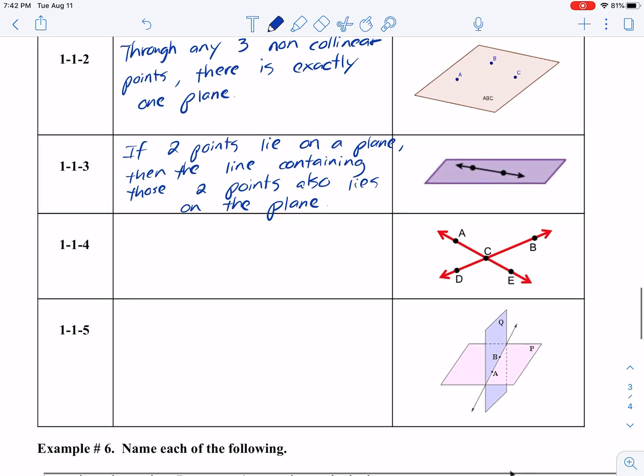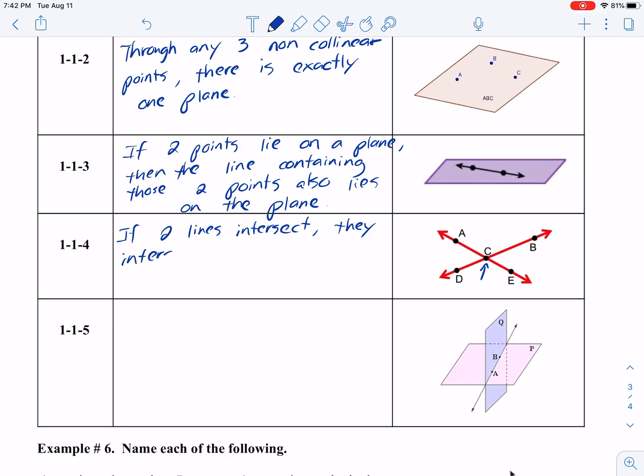Postulate 4, if 2 lines are intersecting, they intersect at exactly 1 point. And last postulate is postulate 5.